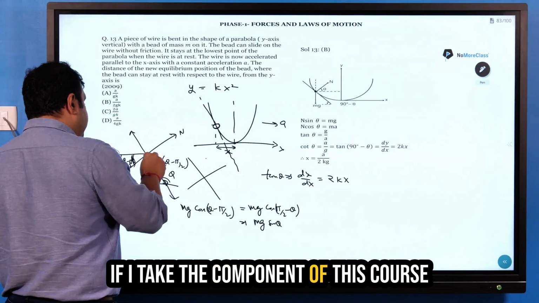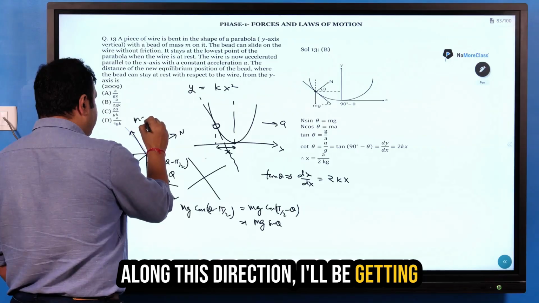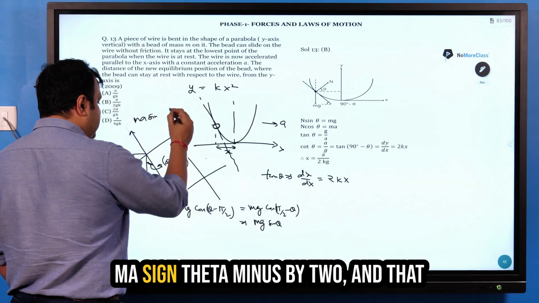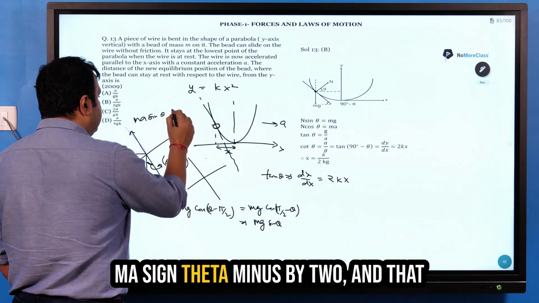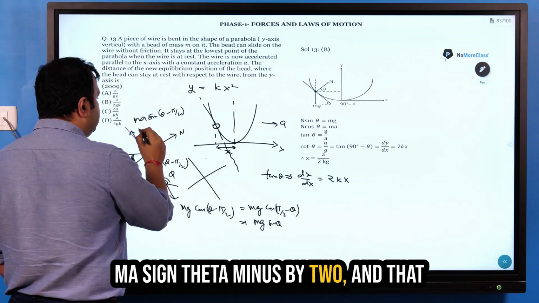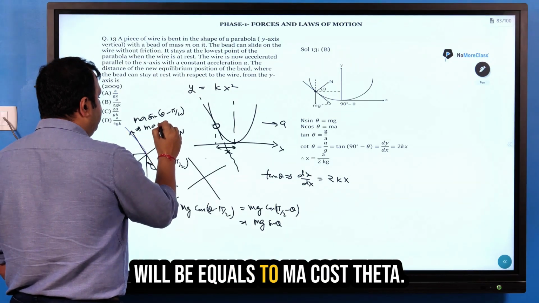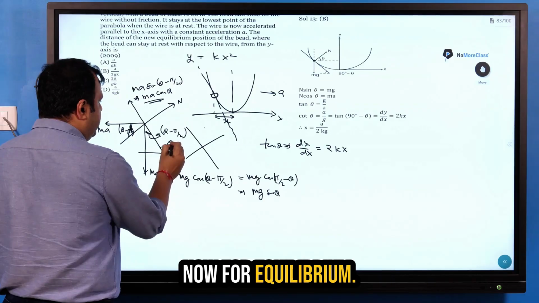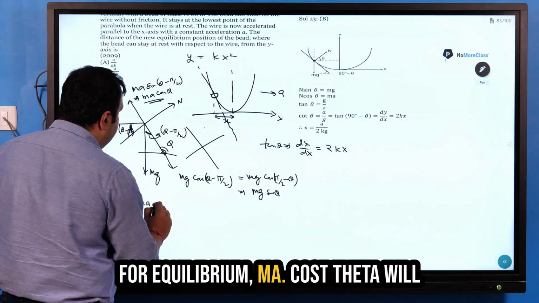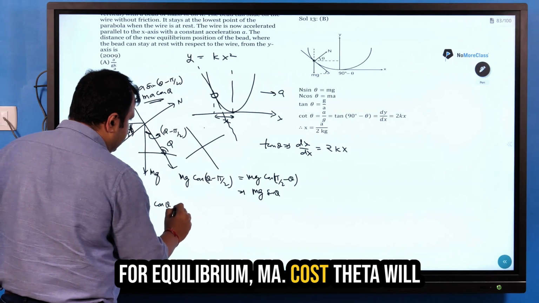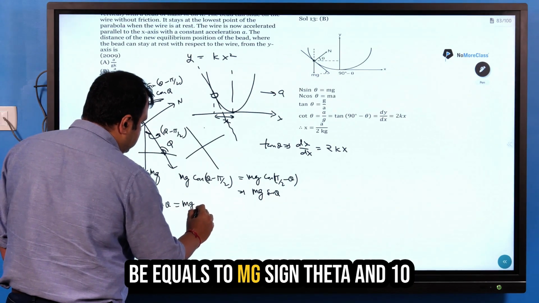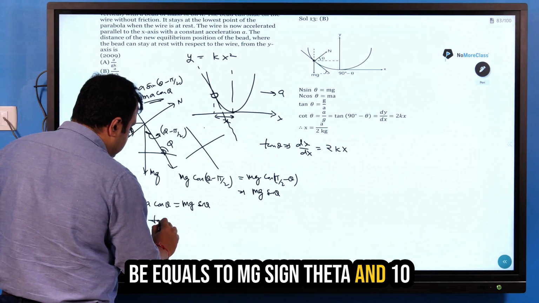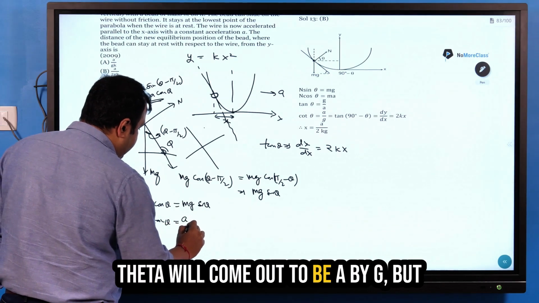The component of the pseudo force along this direction will be ma sin(theta minus pi by 2), which equals ma cos theta. Now for equilibrium, a cos theta will equal g sin theta. So tan theta comes out to be a by g.